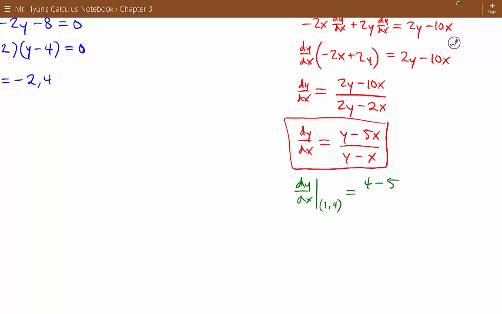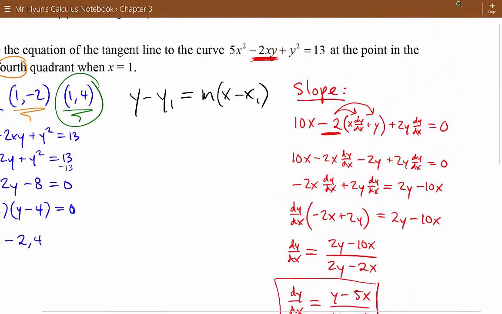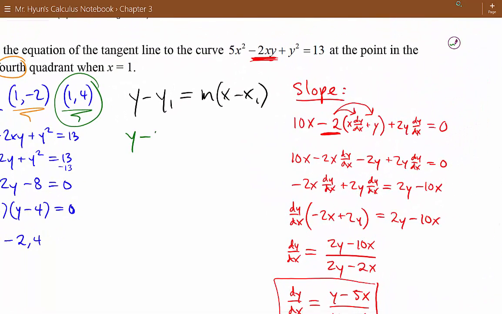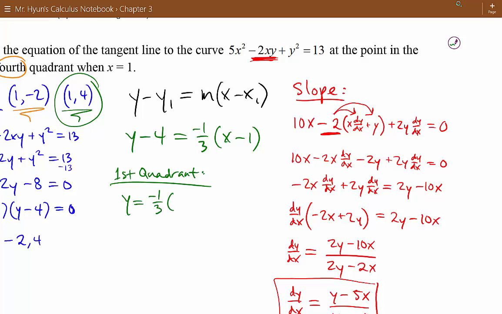This is going to give us 4 minus 5 over 4 minus 1. Pretty easy calculation to get a negative 1/3 for our slope. So for our first answer in the first quadrant, we can take y minus 4 equals negative 1/3 times x minus 1.